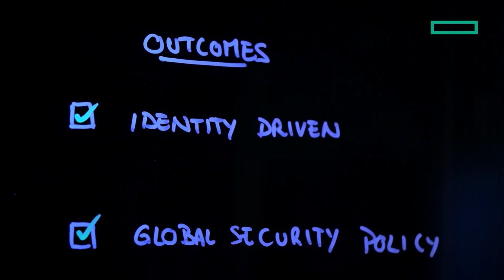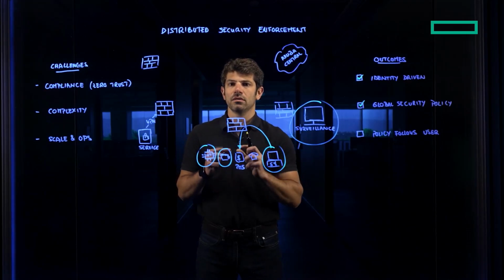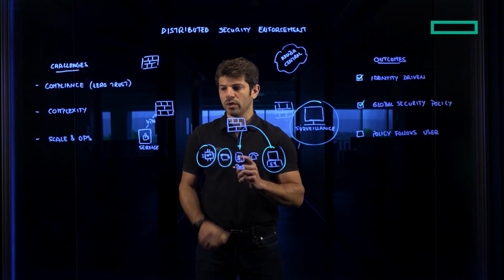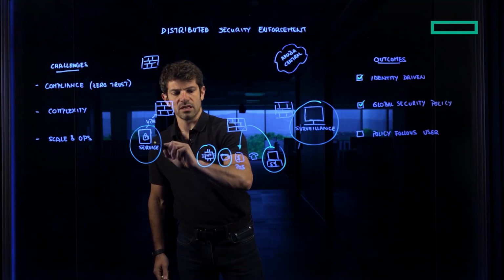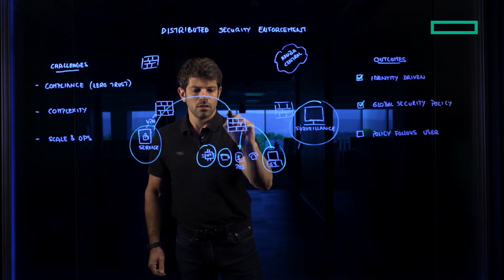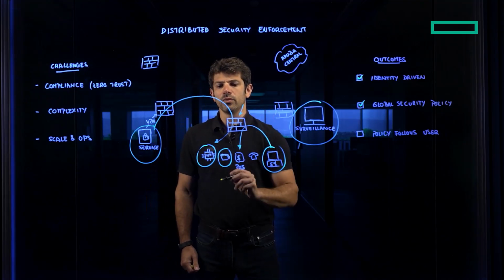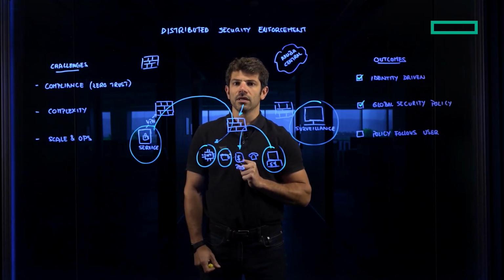Now, the last step is how do I make sure that every node in the network is aware of that context? How do I make sure that when traffic goes from this VPN client into this IoT device, this enforcement point is aware of the context, is aware of the user role of that VPN client?